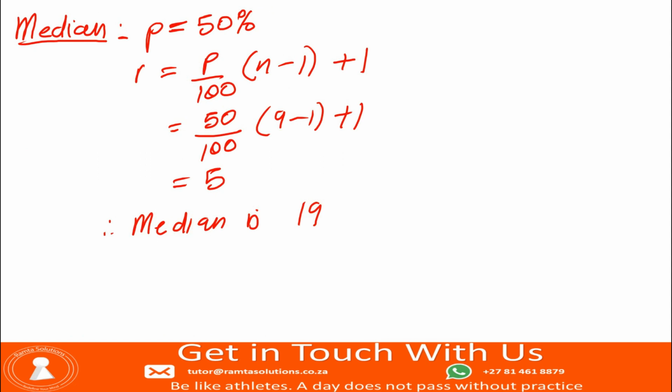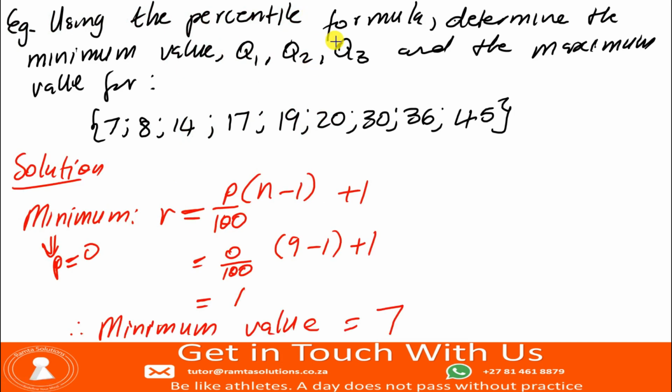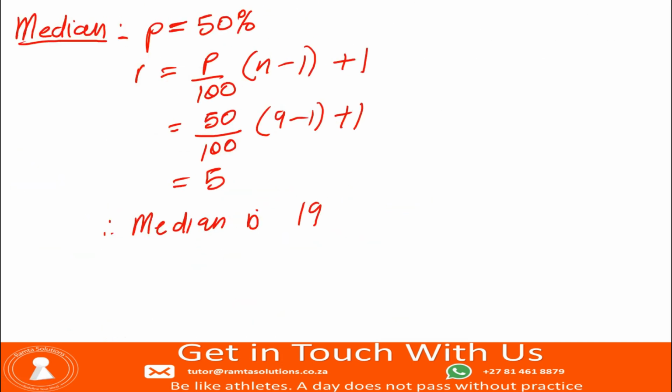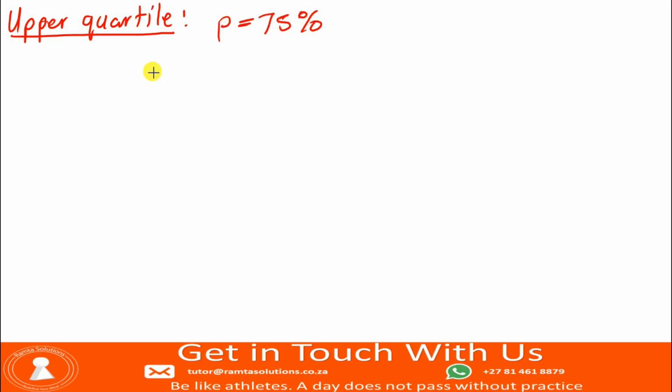Perfect. Now, we must look for the upper quartile. Upper quartile is Q3, of course. So please don't be confused when I write Q3 and now I'm writing everything in full. Upper quartile is the 75th percentile. Now the formula: R equals P over 100 times (n minus 1), plus 1.